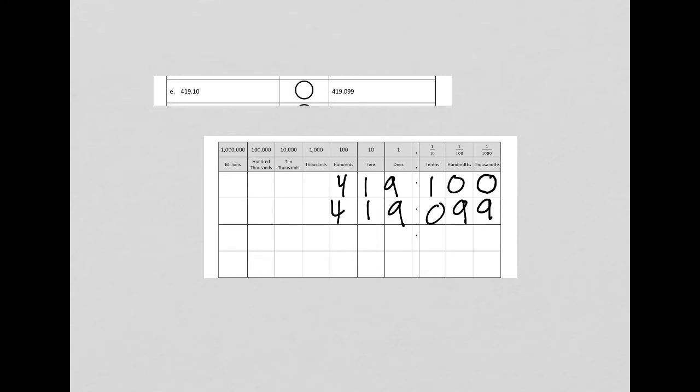So I've got 419, and those are the same. The 4s are the same, the 1s are the same, the 9s are the same. When we get to the tenths section, though, we've got differences. We've got a 1 and a 0. Well, what is bigger, 1 or 0? 1 is. So that means this top number is the bigger number.